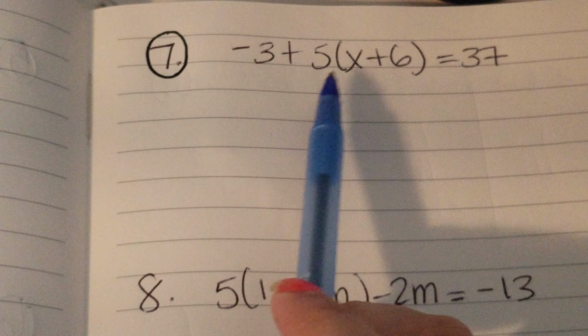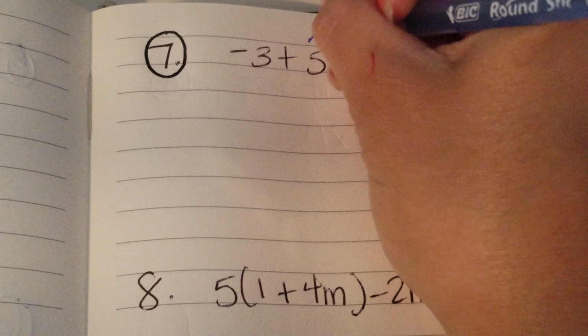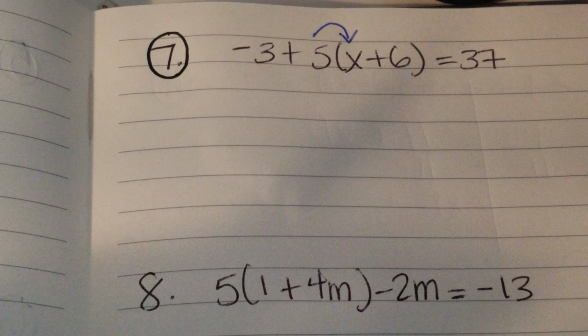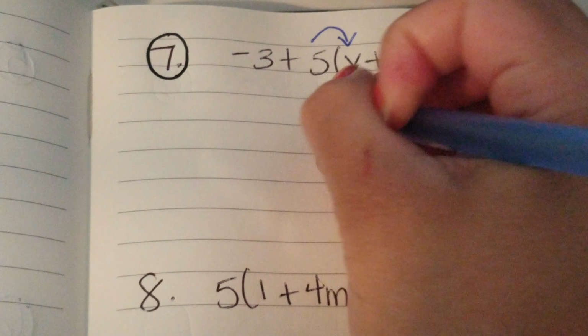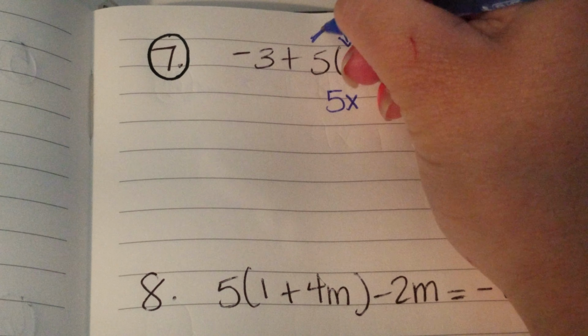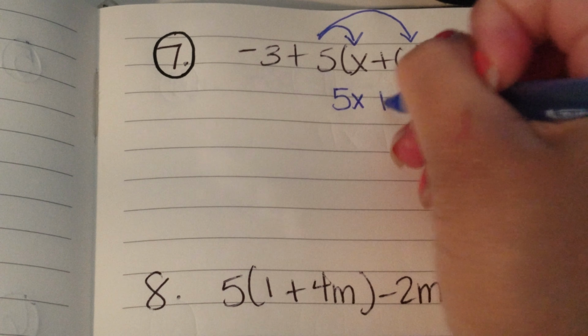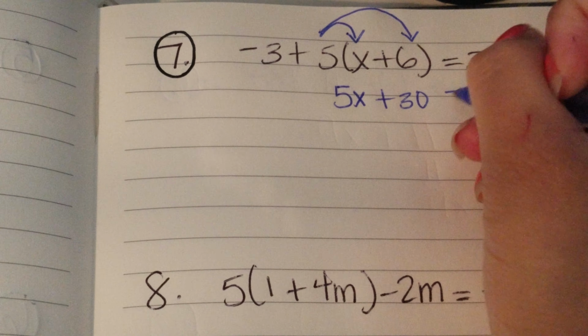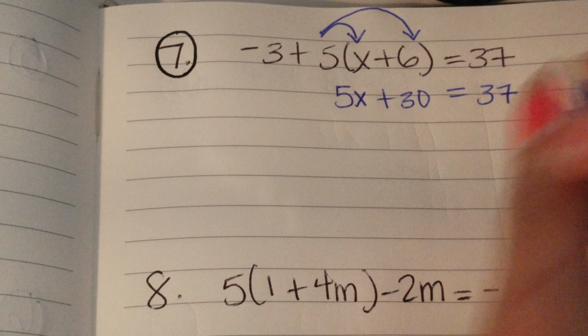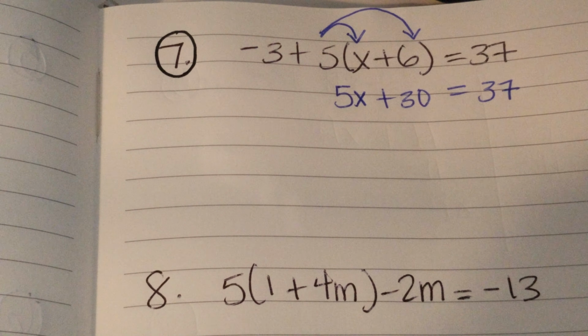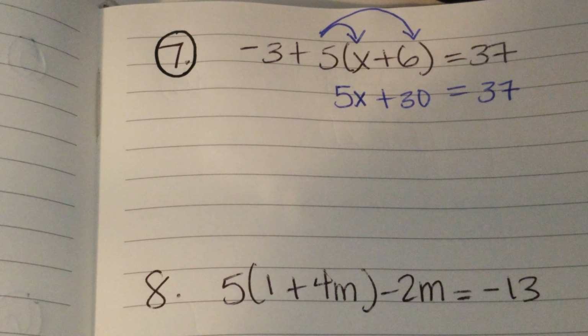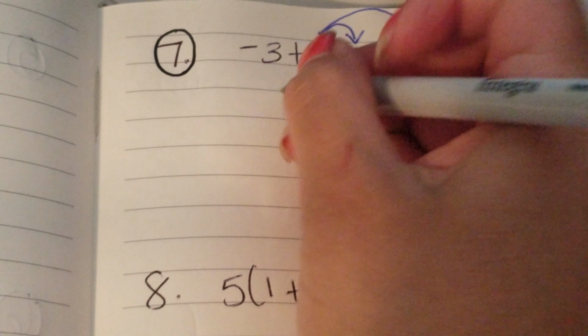I have those parentheses again, so I'm going to distribute. That's the first thing. Distribute the number outside, so that will give you 5x here. And 5 times 6 will give you 30 equals 37. Bring this down. Minus 3 on this side.